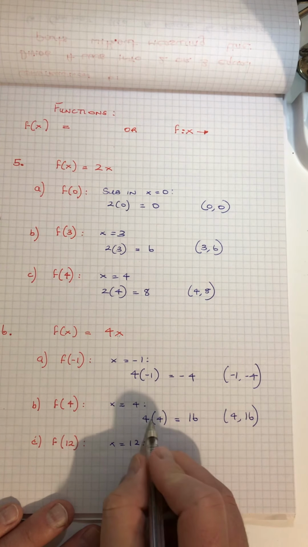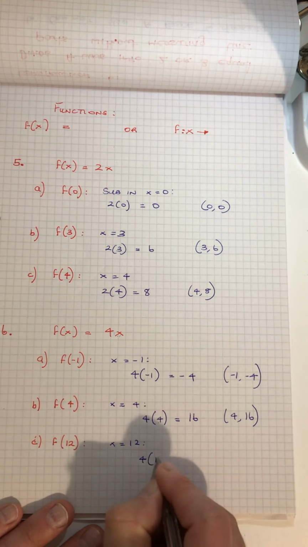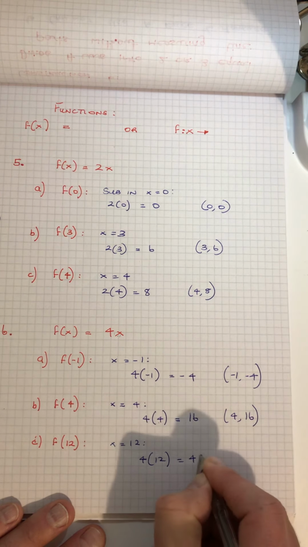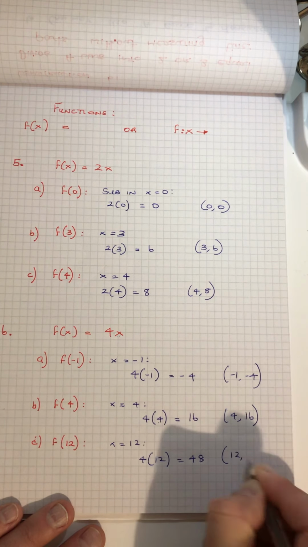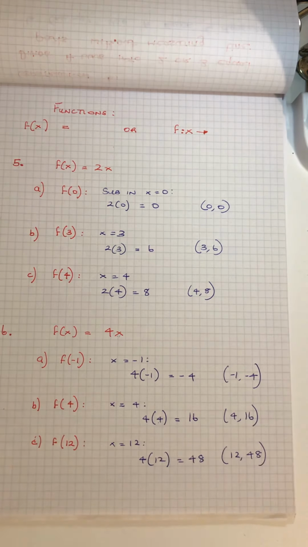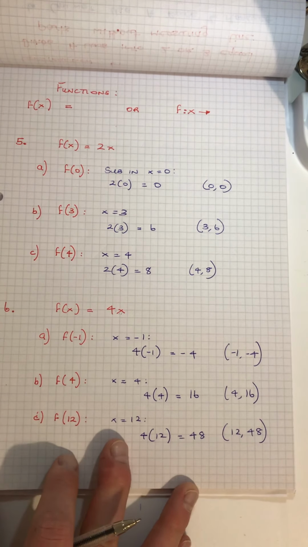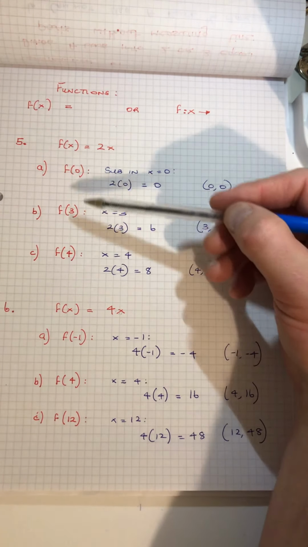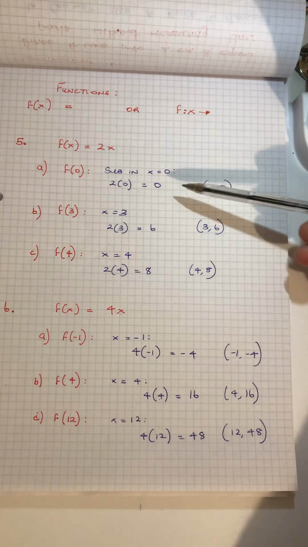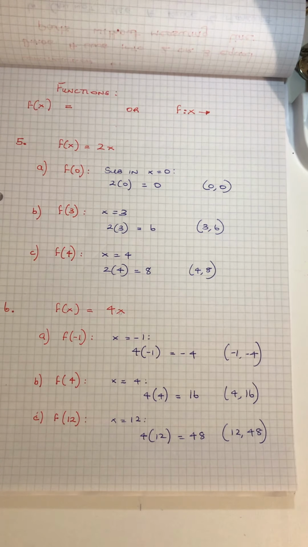So substitute in 12 for x, so 4 times 12, which is 48. So 12 goes in and out comes 48. So these are your inputs, the numbers you put in, and these are your outputs, the numbers you get out. Okay? So that's questions 5 and 6.